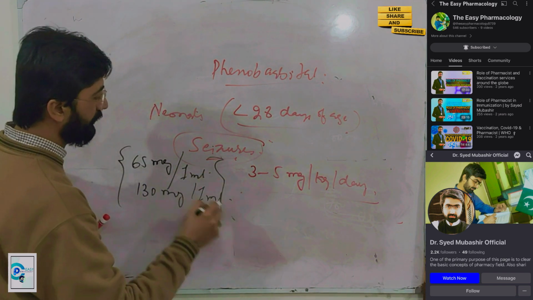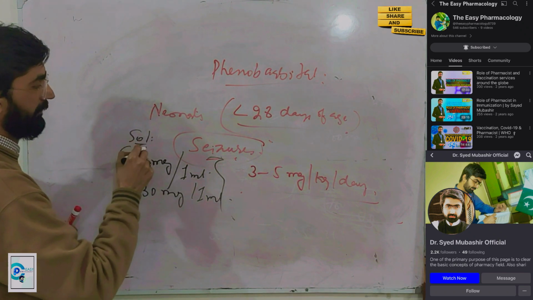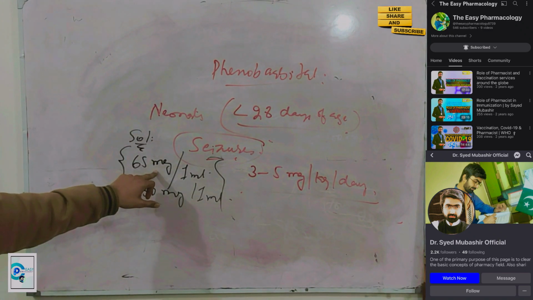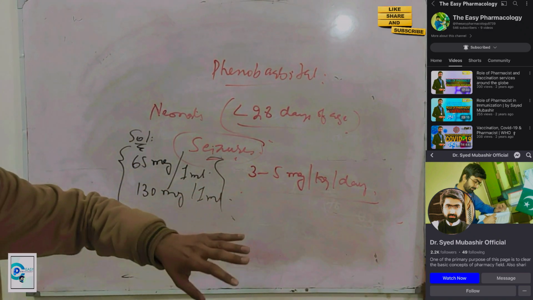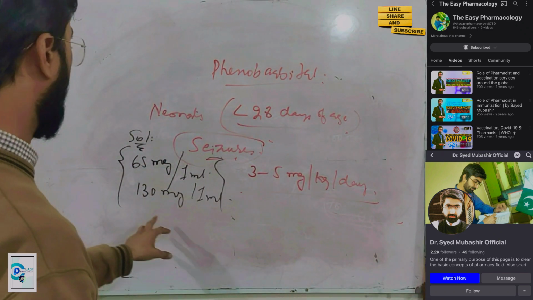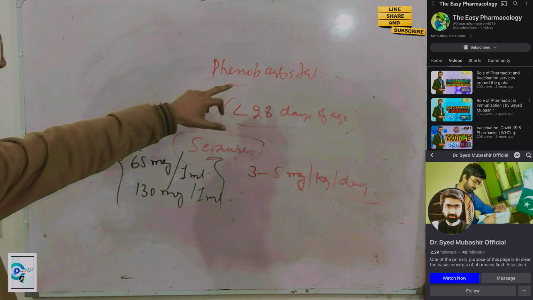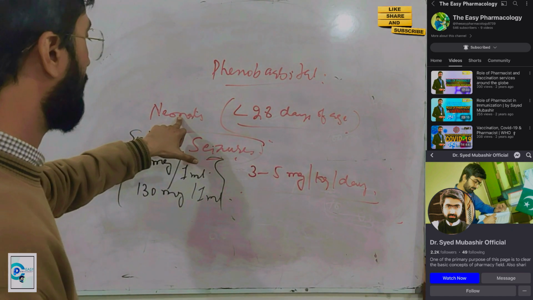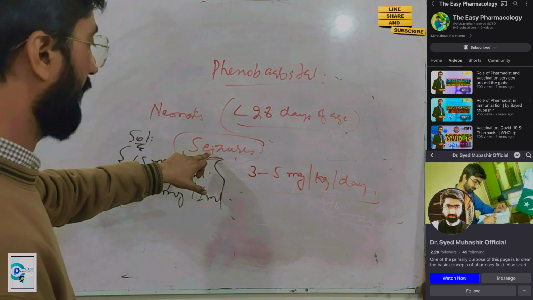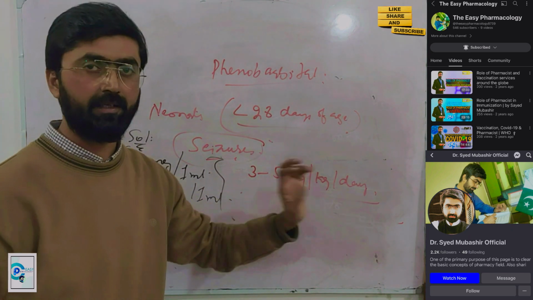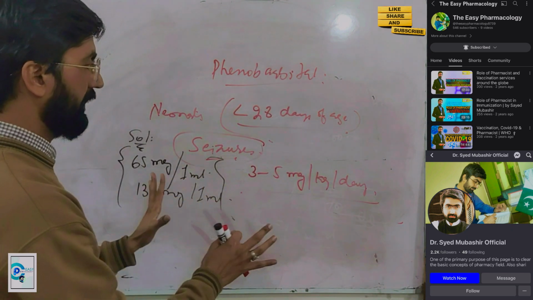This is solution form. In solution form, phenobarbital is available in 65 milligram per 1 ml, it might be ampoule, and also 130 milligram per 1 ml. This can be given to neonates in seizures, and the recommended dose is 3 to 5 milligram per kg per day. So this is the scenario.